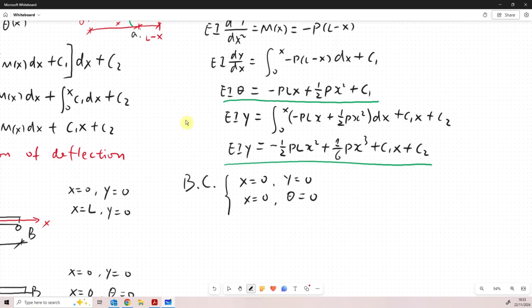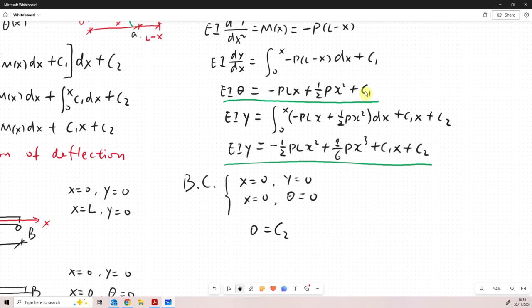If we apply the first boundary condition to the equation of deflection, y equals 0, so the left hand side is equal to 0, and x equals 0, so this term is 0, this term is 0, this term is 0, then C2 equals 0. So we come out with C2 equals 0.